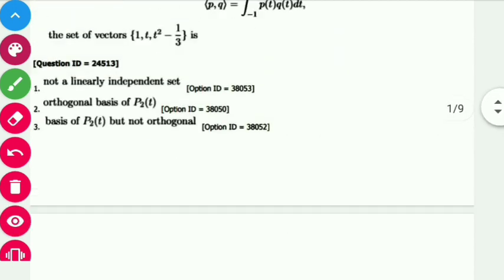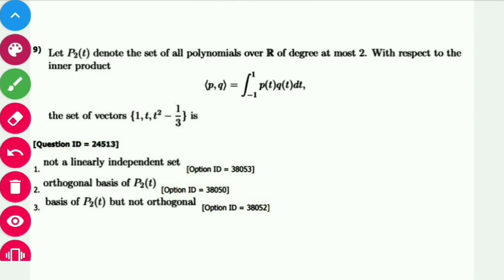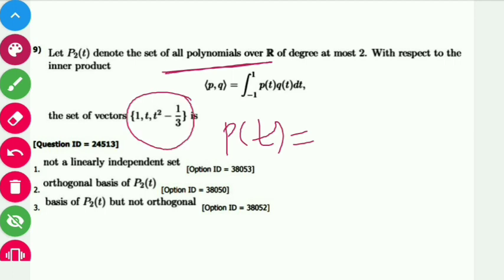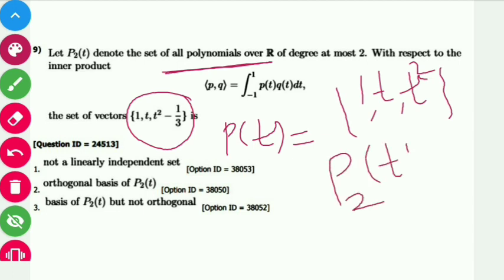For this, we just have to remember that basis means it must exhaust all the polynomials. So if we take any polynomial P(t), then we can write it as a linear combination of these elements. Now we know that 1, t, t square is the standard basis for the space P2 of t.